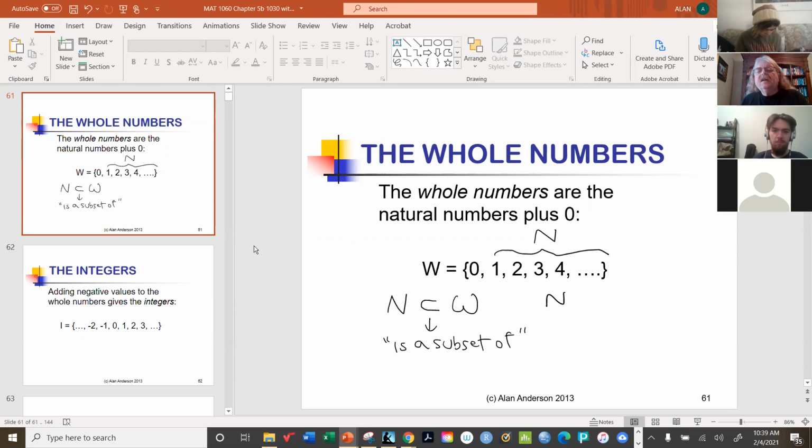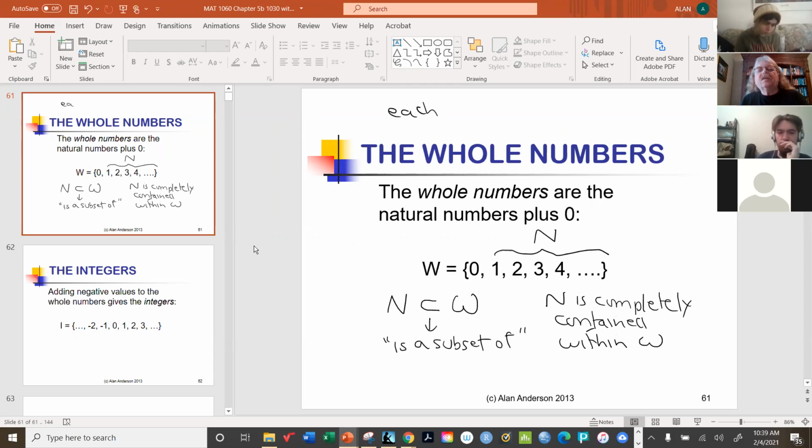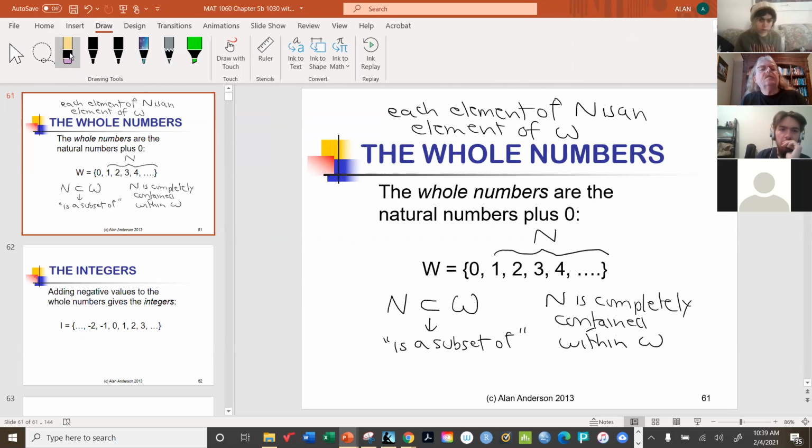It means that N is completely contained within W. Or we can think of it this way: each element of N is an element of W. All right, so this is what the concept of subset actually means.